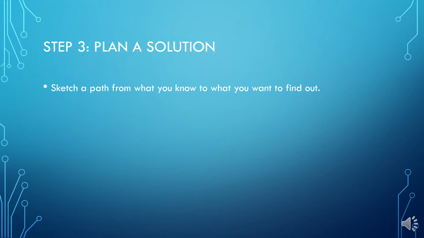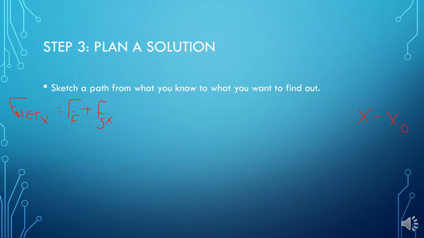To do that, we're going to plan a solution. We're going to sketch a path from what we know to what we want to find out. So in the end, we want to find out the displacement. We have our free body diagram, and from that free body diagram, if we let down the ramp be positive x, we know that the sum of the forces in x, so F net x, is equal to the force of friction plus the force of gravity in x.